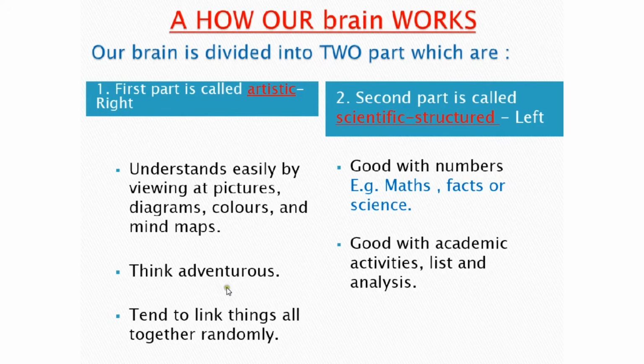As well, it is good with facts or anything that has to do with science. And this part of our brain is good with academic activities, anything relating to schoolwork. It is also good with lists as well as analysis.